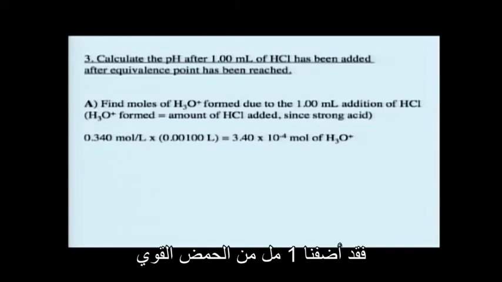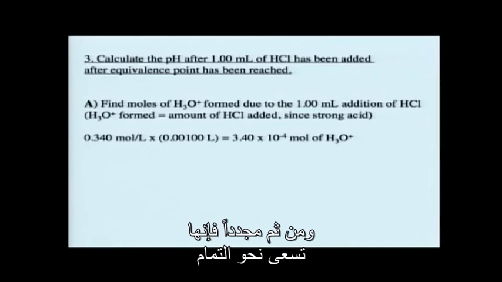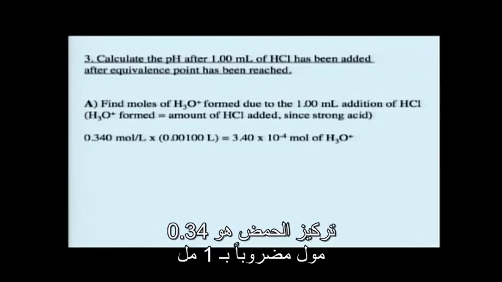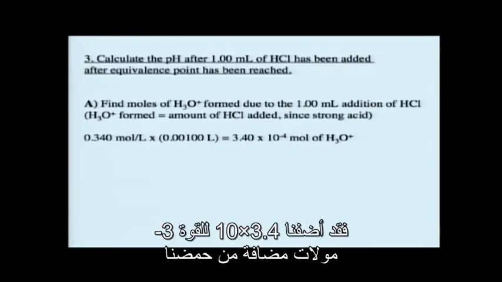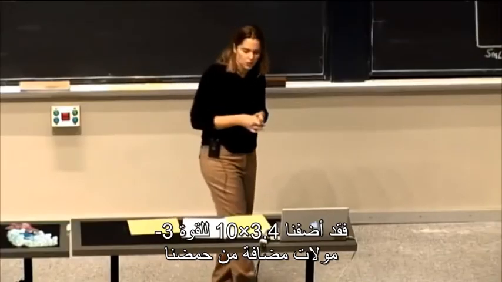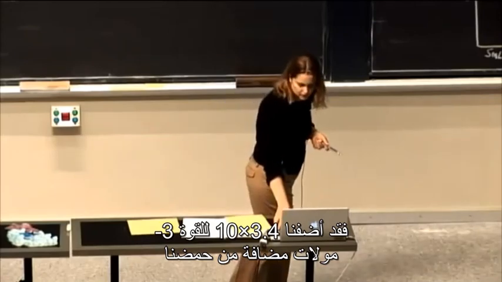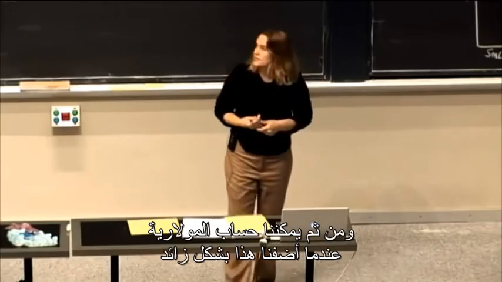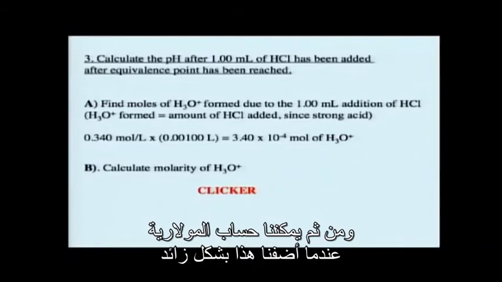We added 1 mil of the strong acid, and again it goes to completion. The concentration of the acid is 0.34 molar times our 1 mil. So we've added 3.4 times 10 to the minus 4 extra moles of our acid.